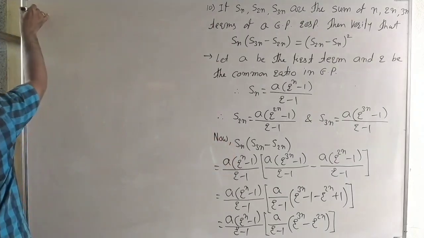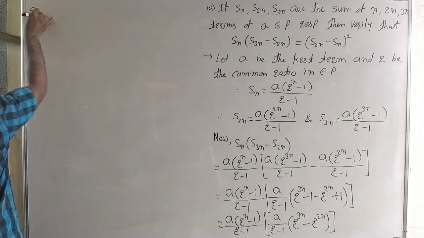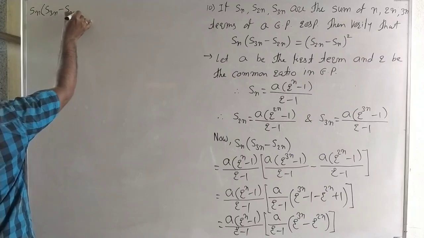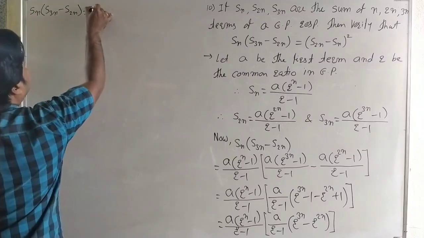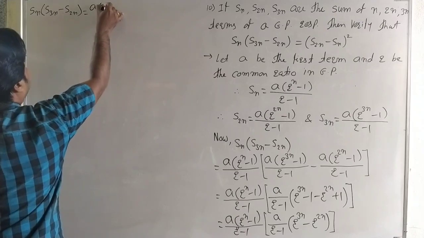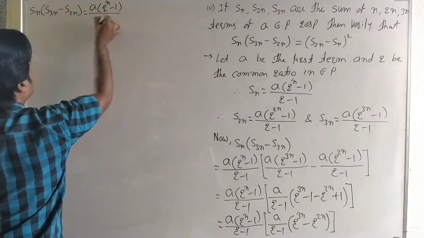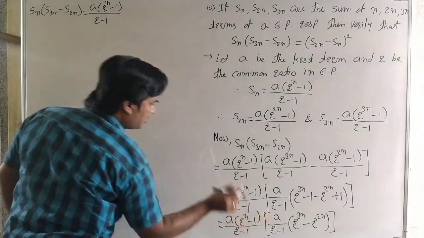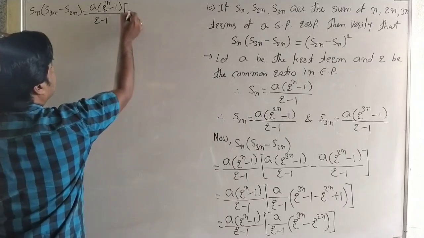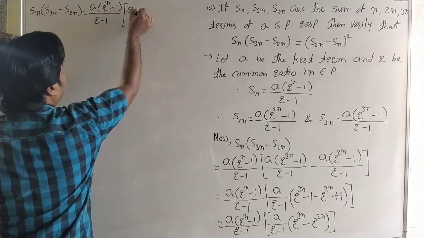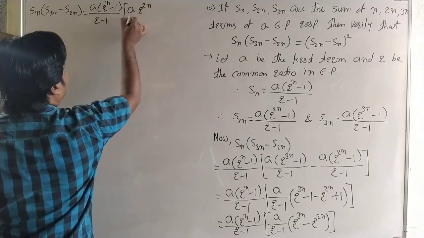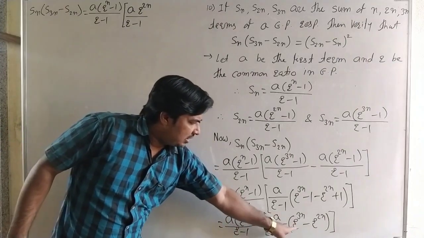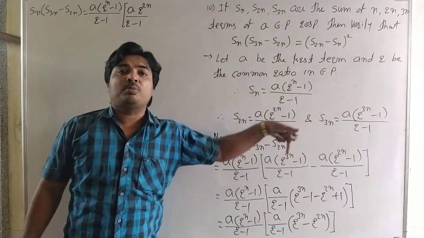Therefore, Sn into S3n minus S2n is equal to A into R to the power n minus 1 upon R minus 1, then this bracket: A upon R minus 1, and in this bracket we take common R to the power 2n.